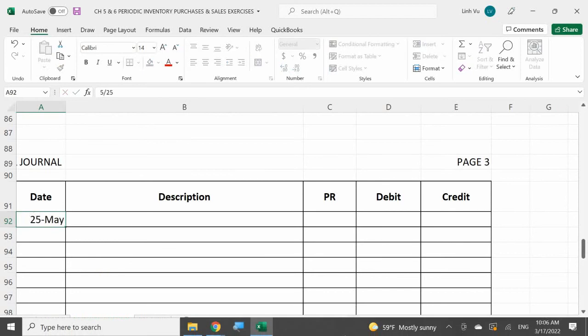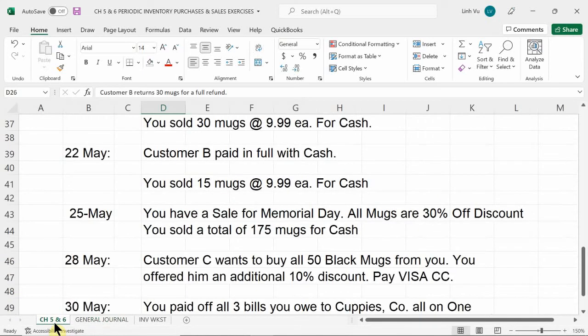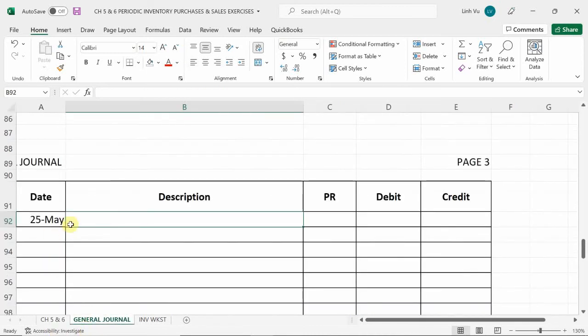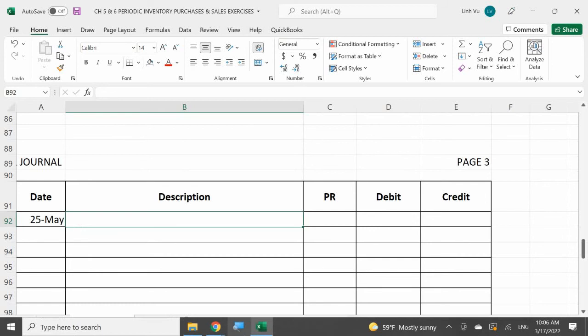On May 25th, I sold it for cash, and it's a 30% discount. We received cash. Okay?